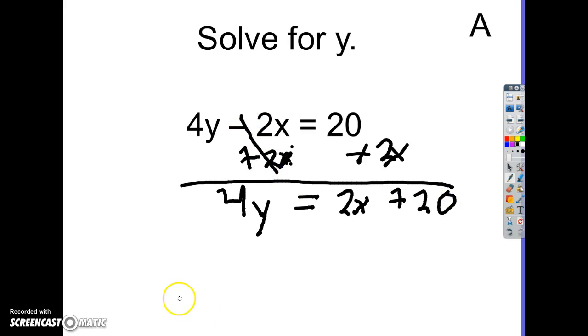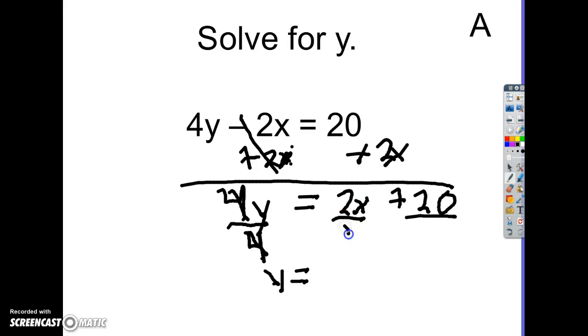Once we have it like that, we have only the 4 to get rid of before we have it in the form of y equals, like your calculator. So we draw a line under the left side and we draw a line under both terms on the right side, and we put our 4 under the left so that we can get y equals on the left, just like on the calculator.